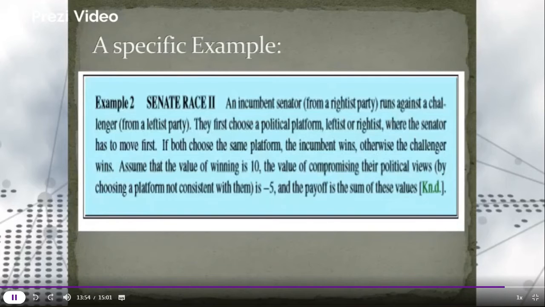That's when they get -5. And what is the payoff then? The payoff is a summation of these two. Even if it seems a bit confusing right now, I hope it will not be once we go to the game tree.